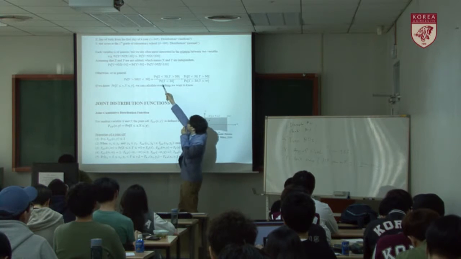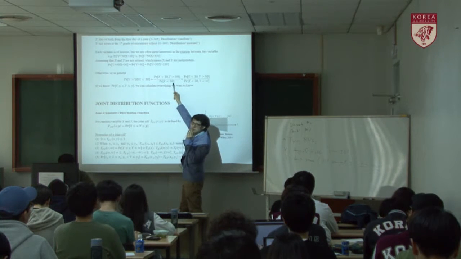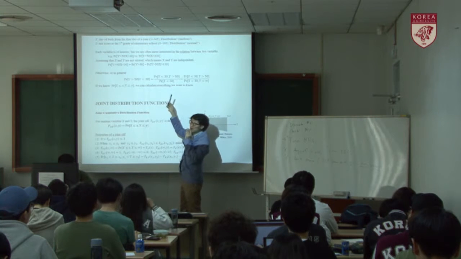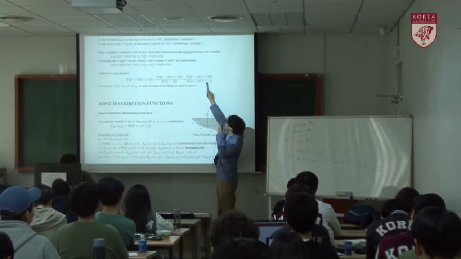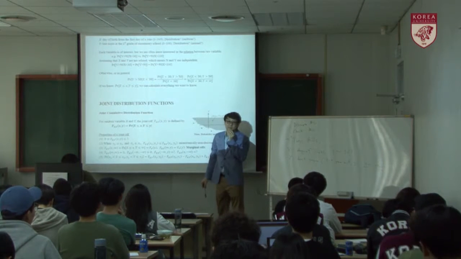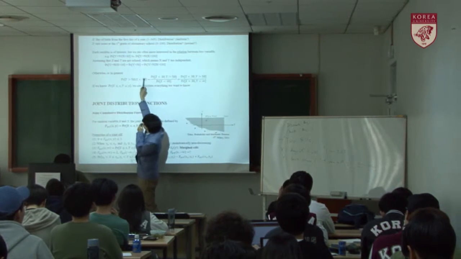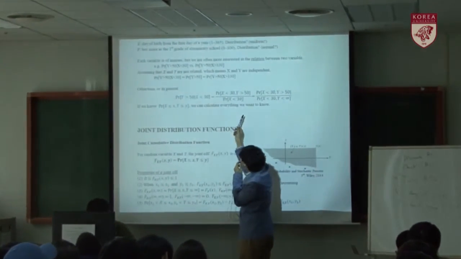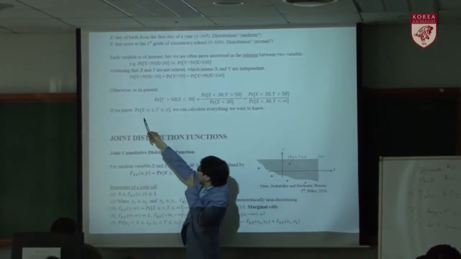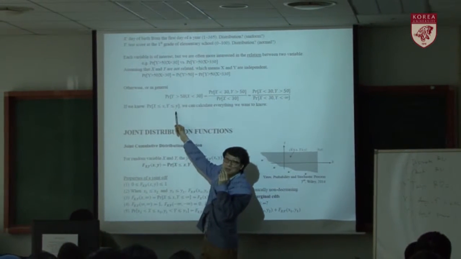But the probability that x is less than 30, if you think about it a little more, is equal to the probability that x is less than 30 and y is less than infinity. That includes every y. So basically, any conditional probability can be calculated from the probability that x is less than something and y is less than something.